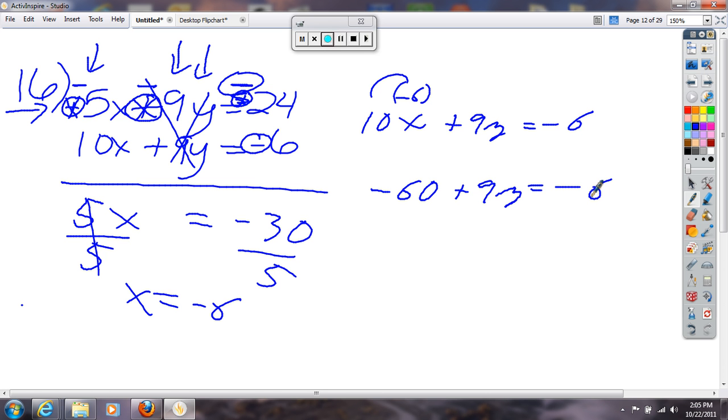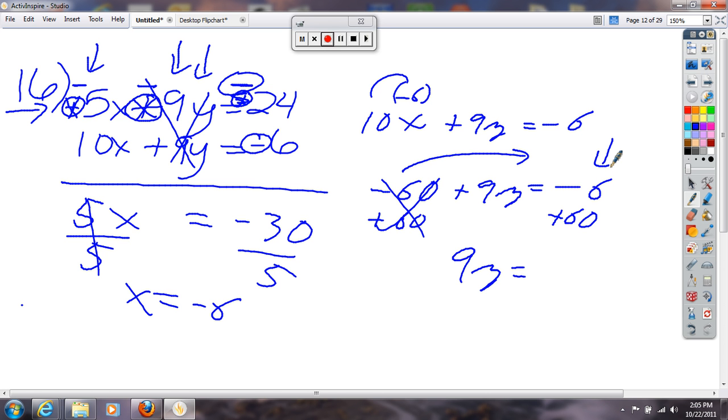I am going to take the 60 here and move it to the other side. I need to get y by itself, so I add 60 to both sides. They cancel. That leaves me 9y equals 60 minus 6, this one. And 60 minus 6 is 54. Now I divide by the number in front of y, in front of the letter, that's 9.